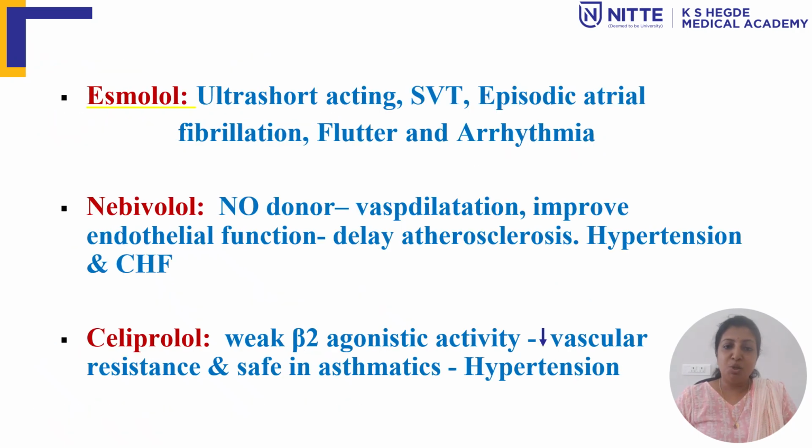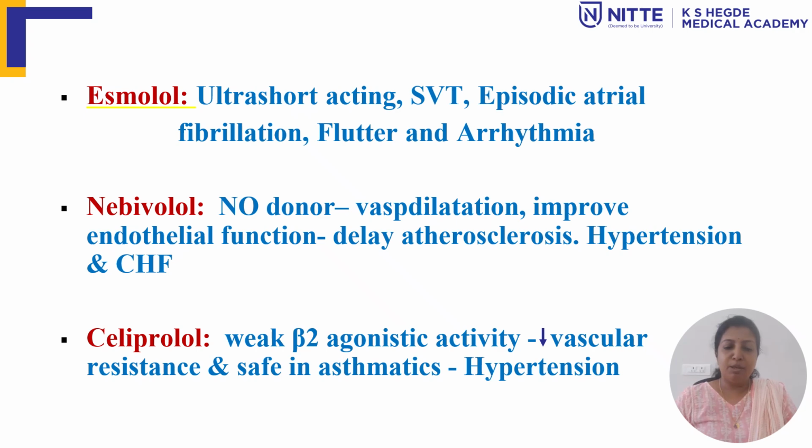Esmolol is an ultra short acting beta blocker, very beneficial in SVT, episodic atrial fibrillation, flutter, and arrhythmia. Nebivolol has nitric oxide donor activity, which produces vasodilation, which can improve the endothelial function and delay atherosclerosis. So it is mainly used in hypertension and congestive heart failure.